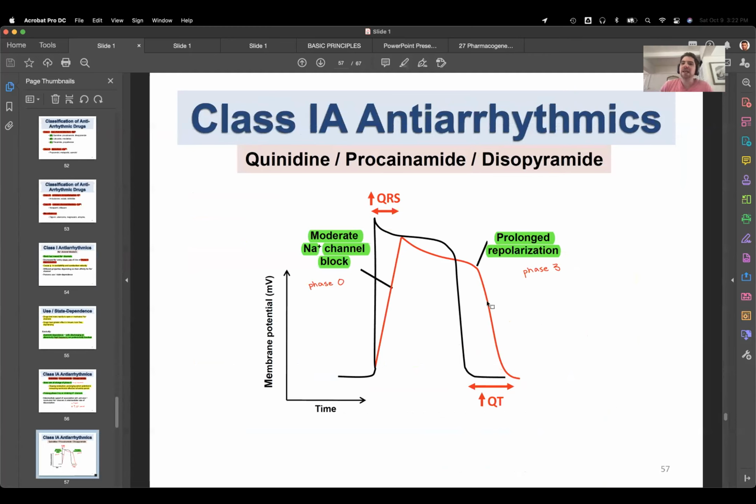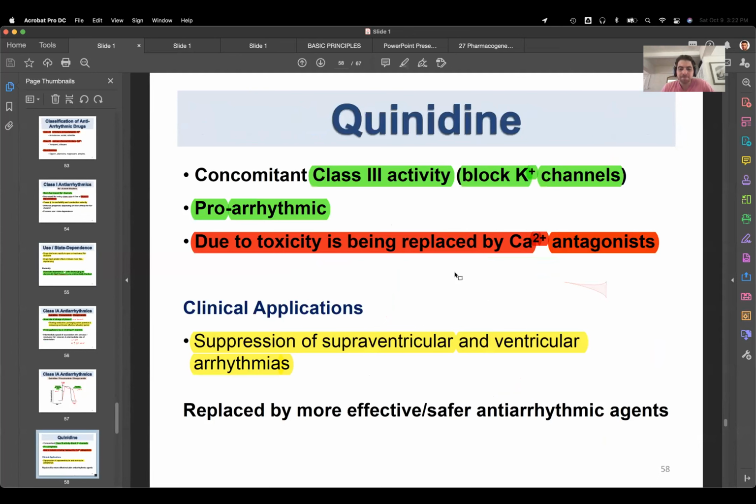So on a test question, they could say the patient has an arrhythmia. They want to use a drug that will not only extend QRS, but it'll also extend QT. Okay, so you would know the definition. That would be a good example of a class 1 antiarrhythmic. They may even give you this graph, okay? We had graphs like this. So make sure you're able to identify this graph and know which one goes with which, okay?